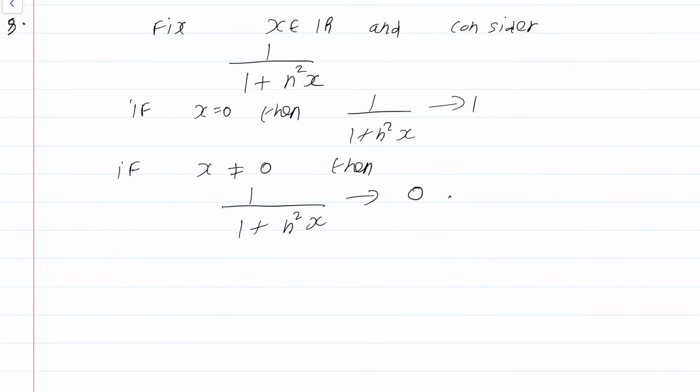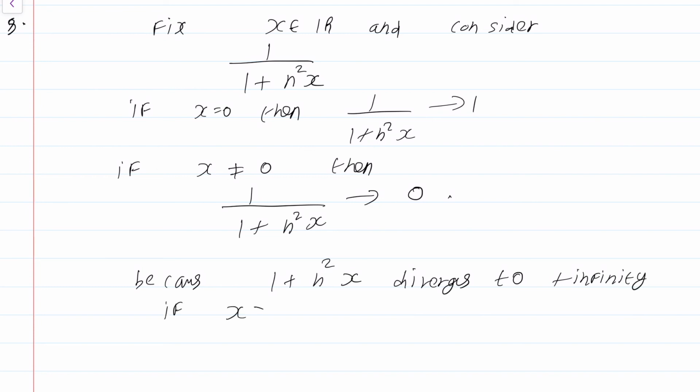Why is this the case? Well, because 1 + n^2 x diverges to plus infinity if x is greater than 0, and, well, I have not formally defined what diverges to minus infinity is, but let me just loosely use this, diverges to minus infinity if x is less than 0.